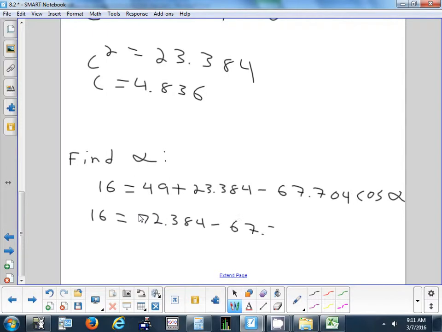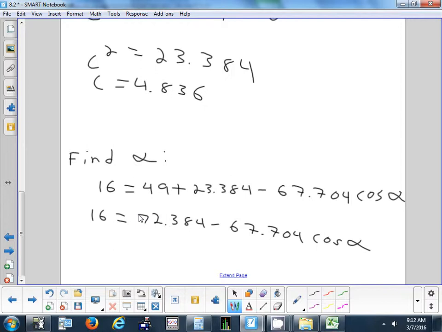minus 67.704 cosine alpha. Now here is where we have to be careful. What would be my next step? Moving 72. Yes, move the 72 to the other side. And how do you do that? Minus the 72. A lot of people try to subtract 72 minus 67.